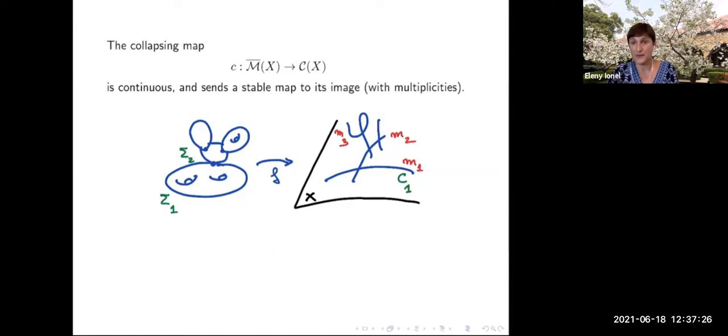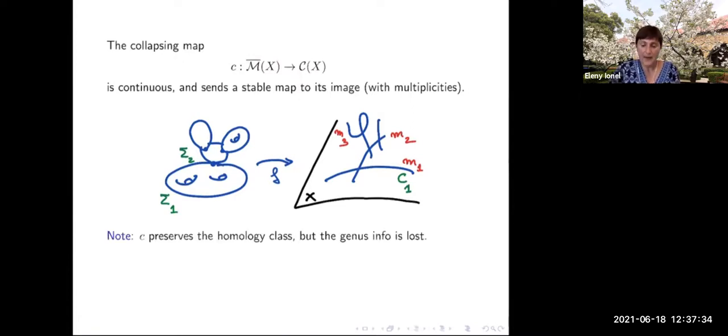And it's continuous. It's very easy to see that if it converges in Gromov topology, it also converges geometrically. And notice that because we're keeping track of these multiplicities, this collapsing map preserves the homology class, but it completely loses the genus. Which could be bad or good. If you just look at a bunch of curves with multiplicities, you can't read off the genus from this information.